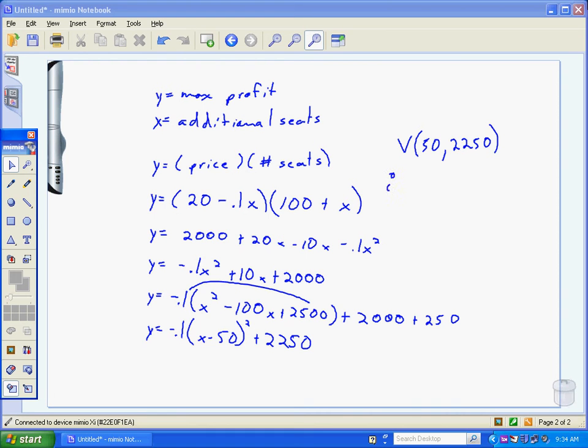Therefore, Caitlin, to answer the question, how many additional seats? Therefore, there are 50 additional seats that will yield a max profit. Now, I know it doesn't say we need to state this, but a maximum profit of $2,250. Okay?